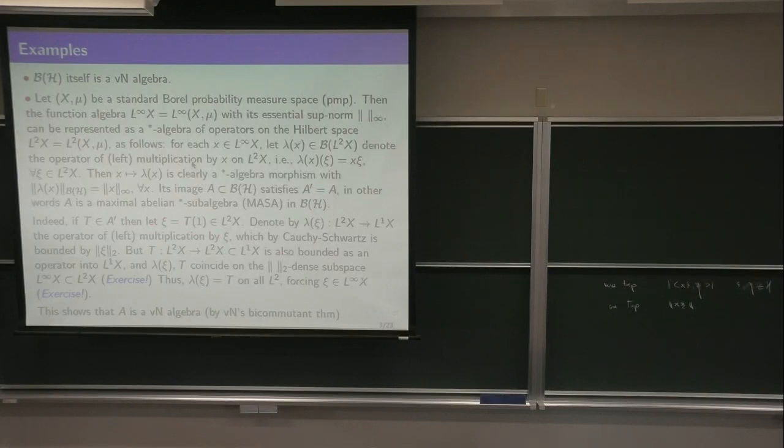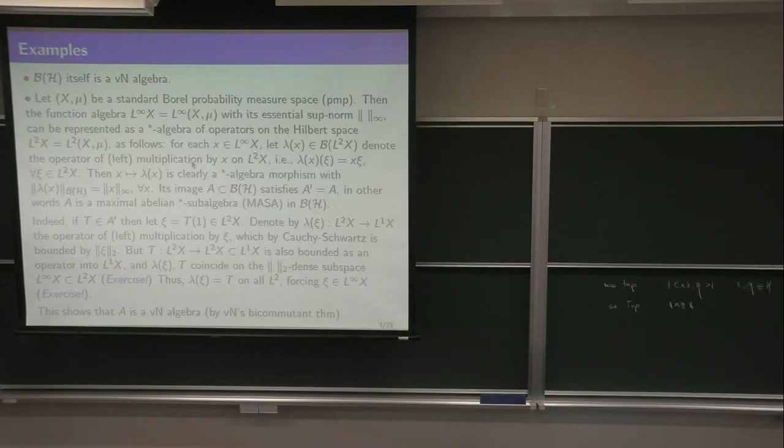And by Cauchy-Schwarz, this map is bounded from the L2 norm to L1 by the norm of xi. So it's a bounded linear operator from L2 to L1. But t is also from L2 to L2, therefore into L1, it is also bounded as an operator into L1.